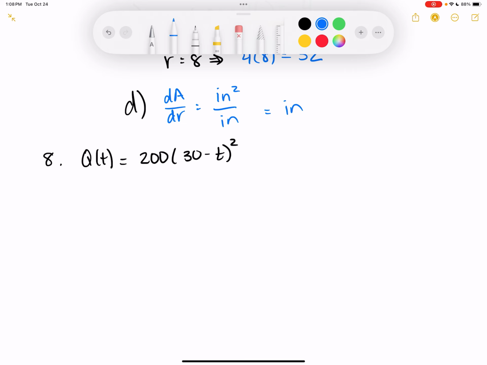Alright, so first of all, we are going to do the limit as delta T approaches 0.